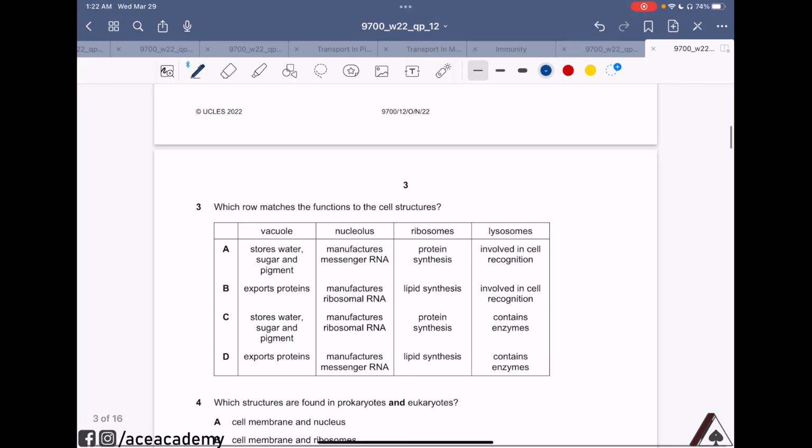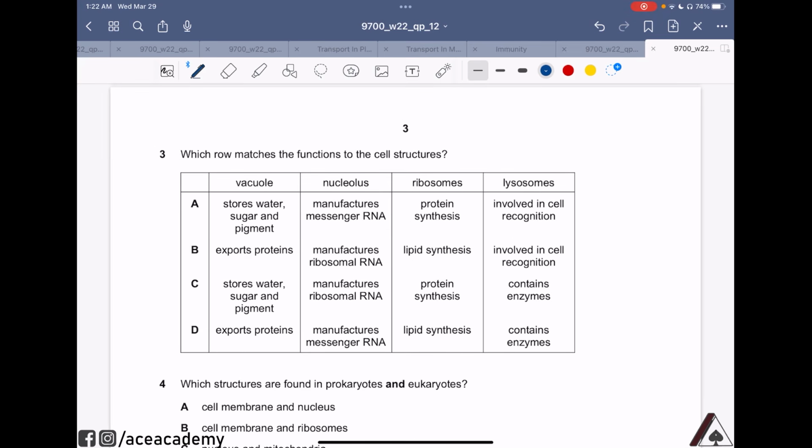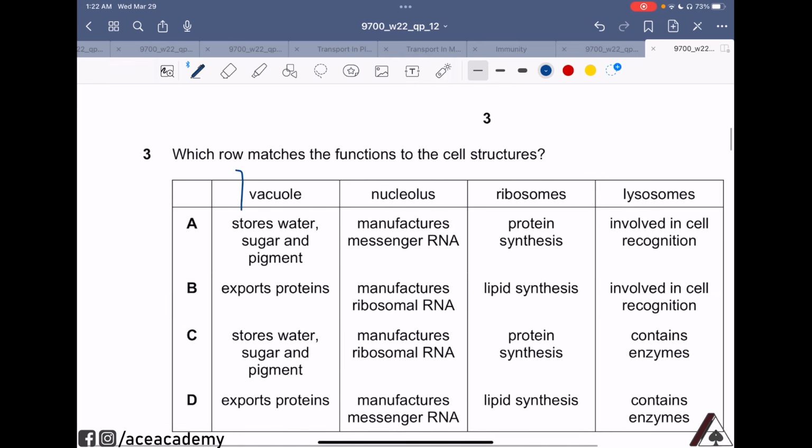Okay, now let's move on to question number three. Which row matches the functions to the cell structure? Vacuole stores water, sugar, and pigment. This is correct. Some other functions of vacuoles are storing cell sap and providing hydrostatic support, and by hydrostatic support, I mean turgidity.